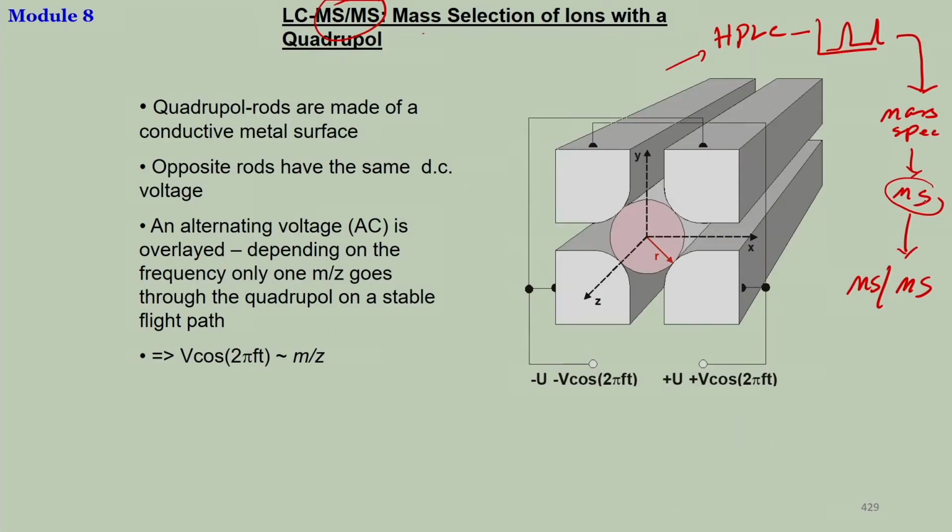After you get the normal mass, which contains all the masses in your sample, you can select a mass, for example 98, and that particular mass can be fragmented further to see what is more in it.